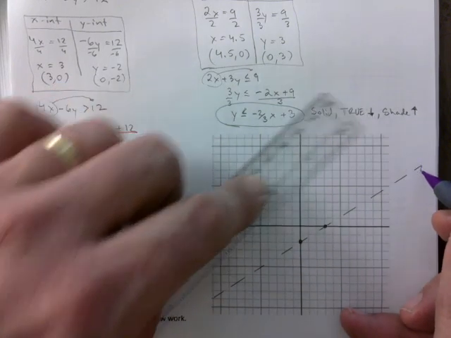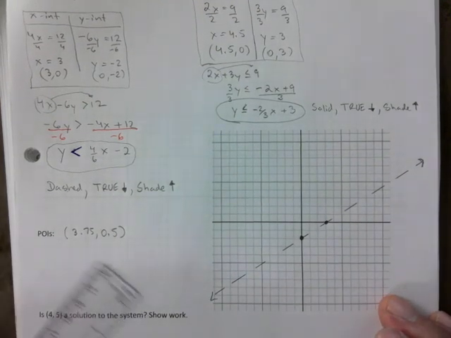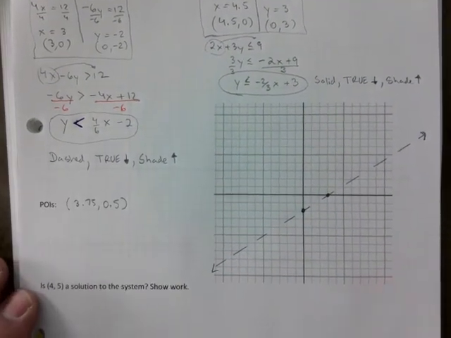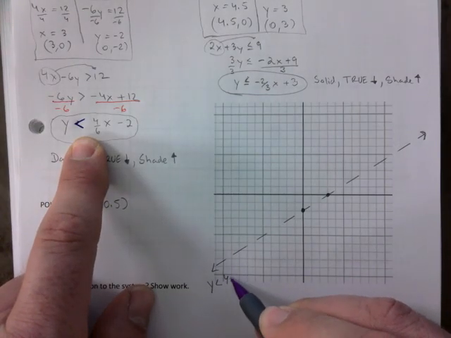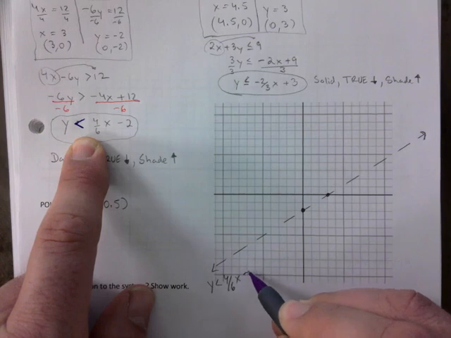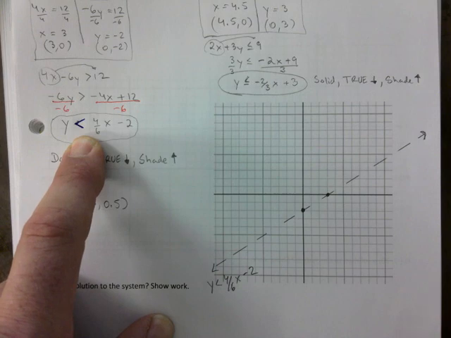If you go outside the grid, that's no problem at all. And I'm going to label it right away: y is less than 4/6x minus 2. I'm not shading yet though. That's the one thing that I'm not going to do just yet.